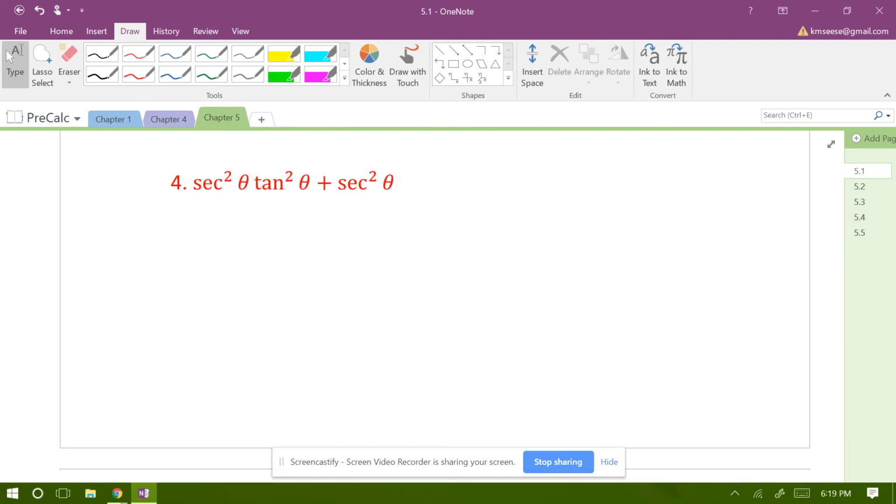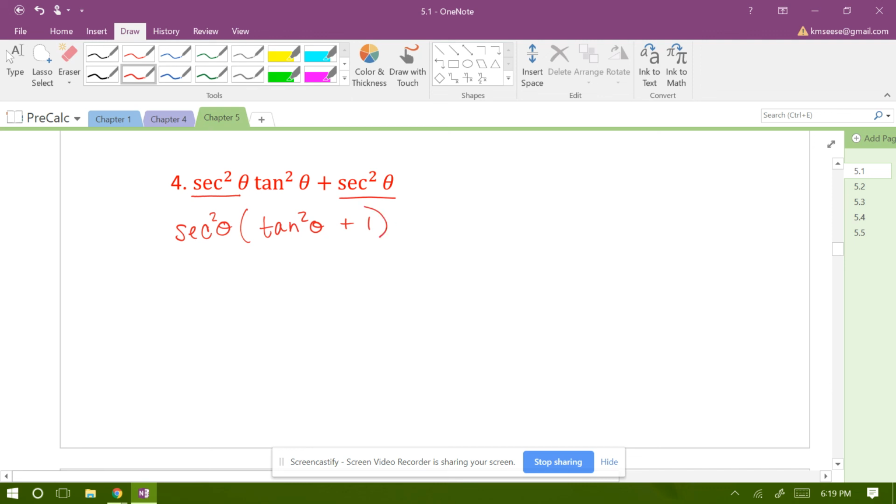All right, secant squared times tangent squared plus secant squared of theta. When I look at this, you want to look when you're doing these problems for ways to reduce or factor. Factoring is a great way to go about this. I see that they both have a secant squared, so let's go ahead and factor it out. You're then left with tangent squared of theta plus 1.